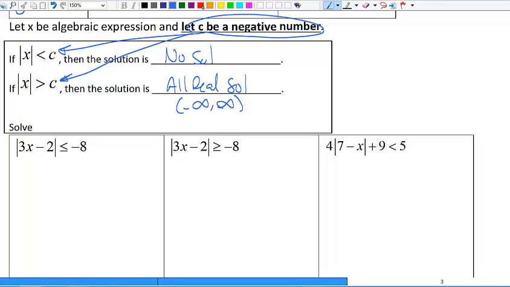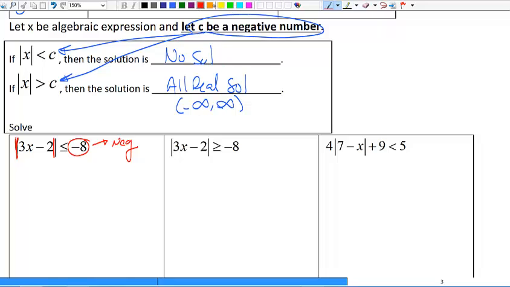So let's look at this first problem. This is the absolute value. Is it isolated? Check. First thing is to isolate the absolute value bars. Next, we want to identify if this is positive or 0. Is this positive or 0? Well, no, it's negative. So because it's negative, I have either the solution all real solutions or no real solution.